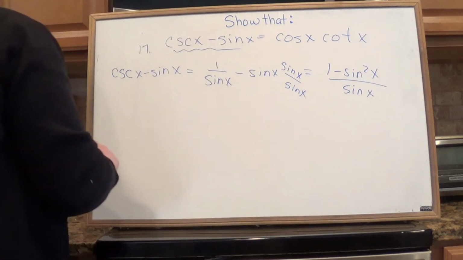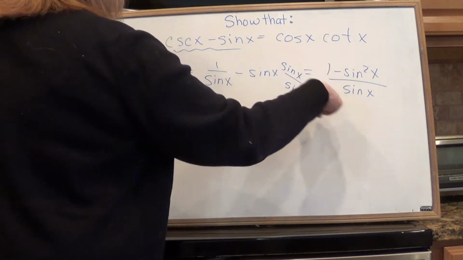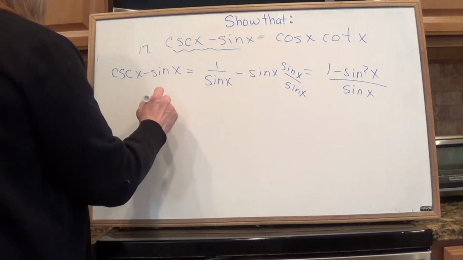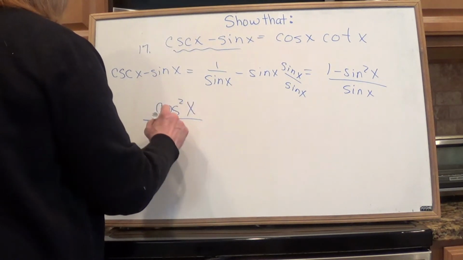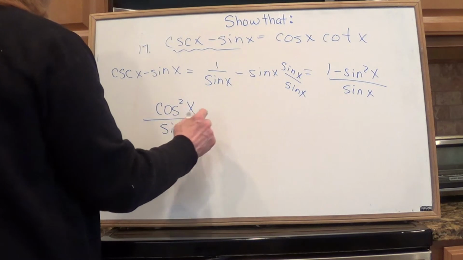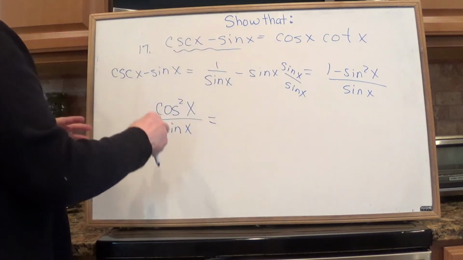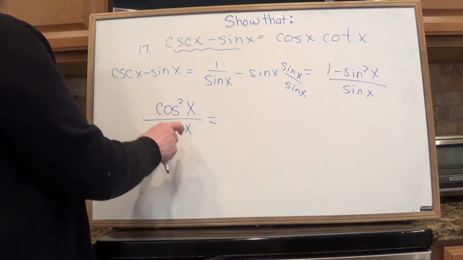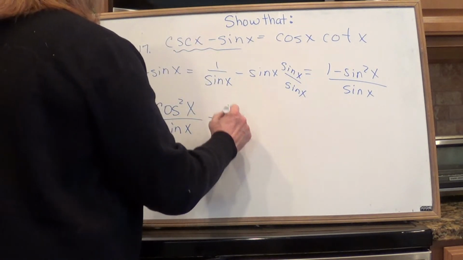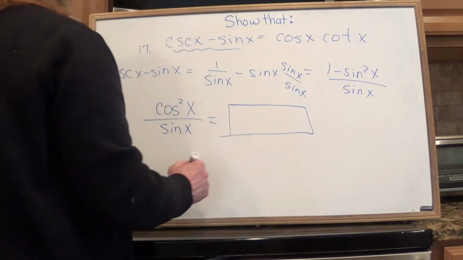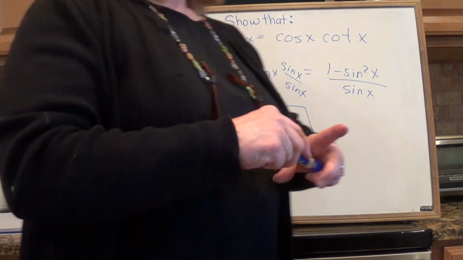But we know 1 minus sine squared x, and this is where we become one term, is cosine squared x over sine x. And now let's see if you can break that apart and patch one cosine with the sine and leave the other cosine and see if you can get it to equal what it should from there.